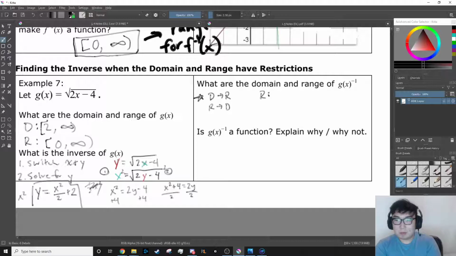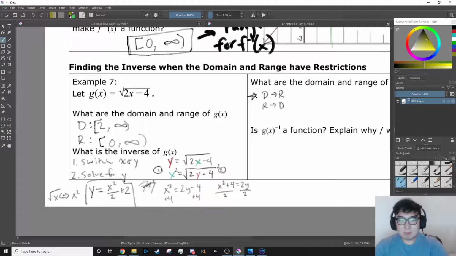Since this is my range, which I will write in mustard, I'll write my domain in mustard, and I'll write my range in this blue color. Wrong blue. This blue.